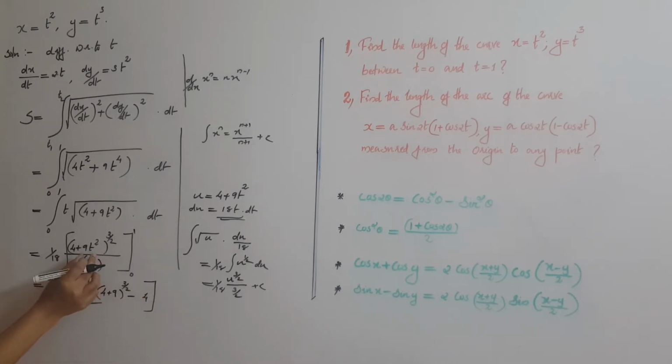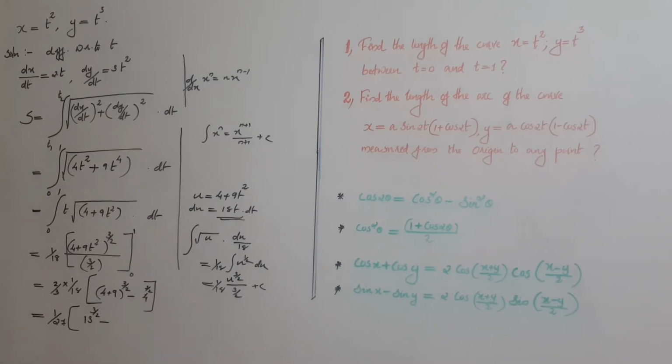When t is equal to 0, this term will be 0. The remaining term is 4 raised to 3 by 2, so it is equal to 1 by 27 into (4 plus 9 is 13) raised to 3 by 2 minus 4 cube.